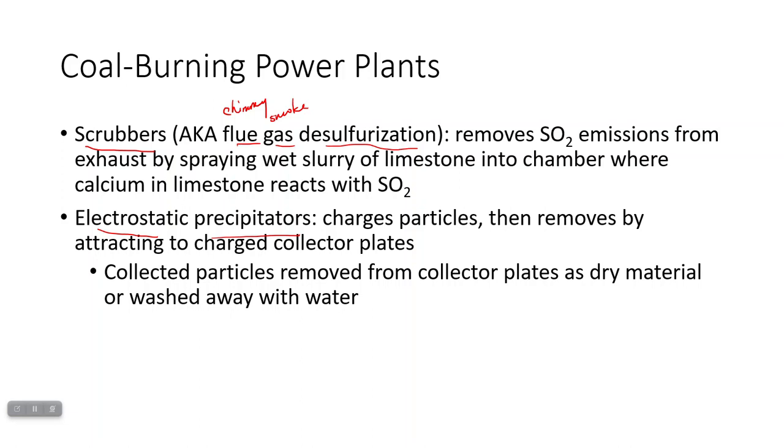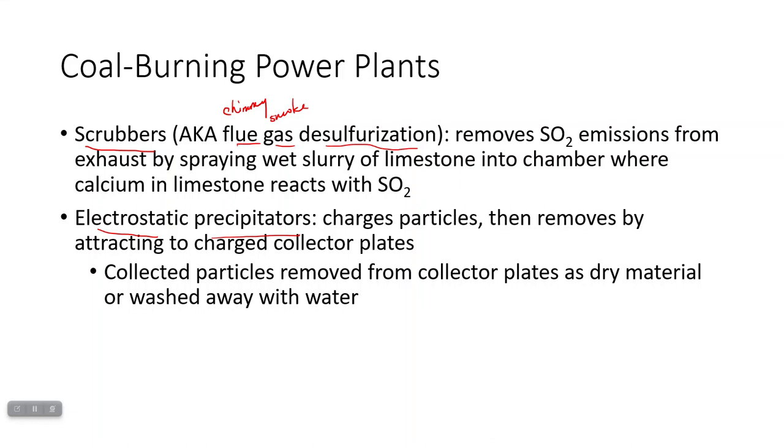Then to remove particulate matter, you can use electrostatic precipitators. Basically, they give particles a charge, so they have an electric current. They charge up particles, which they then pass through an area with some charged collector plates, which will electrically attract those now charged particulate matter. Keep in mind, this is all in air.